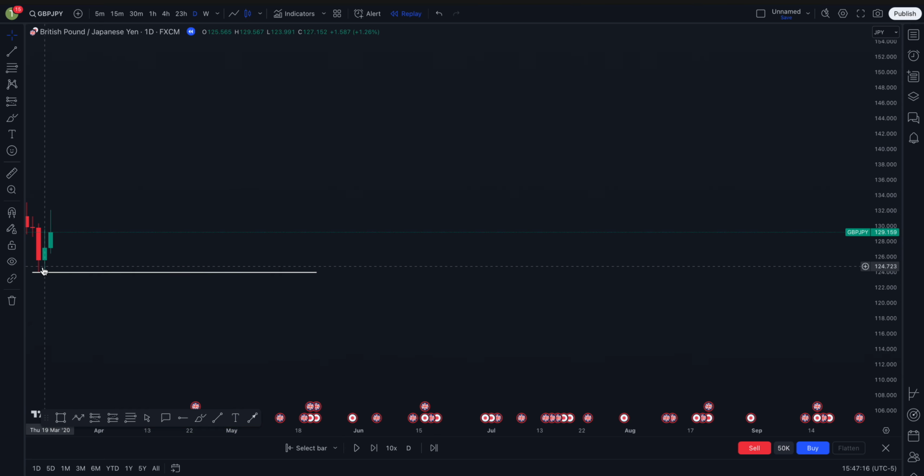So this is now the start of the first movement. So this now is our low point, right? So now price creates this low, right? Now we want to see where price creates the high.